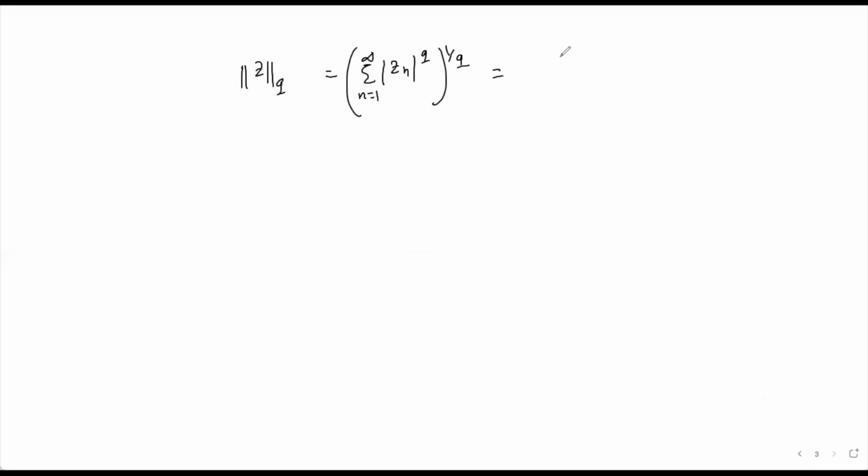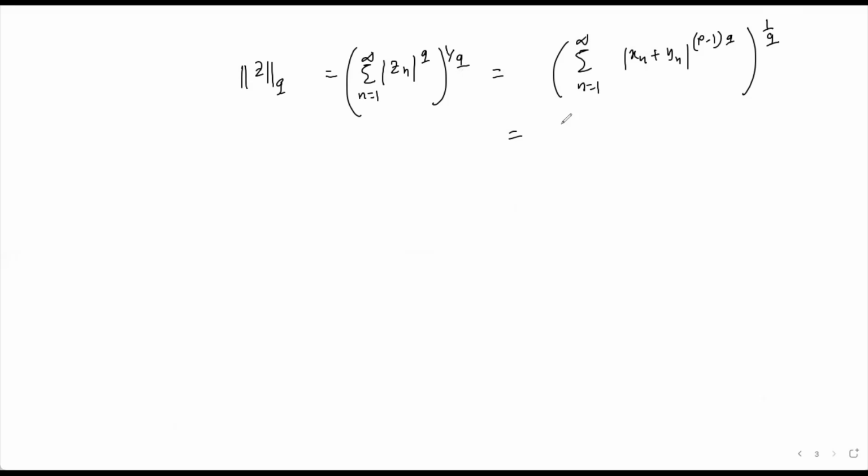So we replace z_n by |x_n + y_n|^(p-1), then power q, so (p-1) times q, whole power 1 over q.